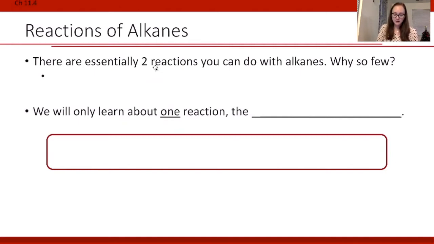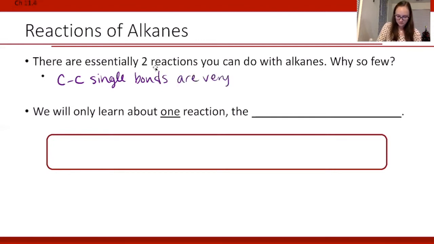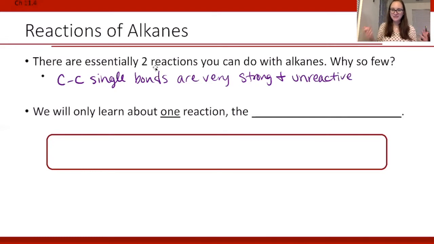The reason is that they have very few reactions, and they have very few reactions because carbon-carbon single bonds are very strong and unreactive. So it's really hard to get carbon-carbon single bonds to do too much because they just are chill. They like being where they are.